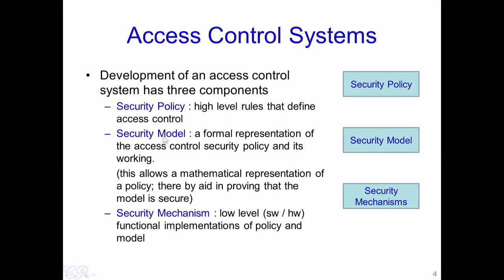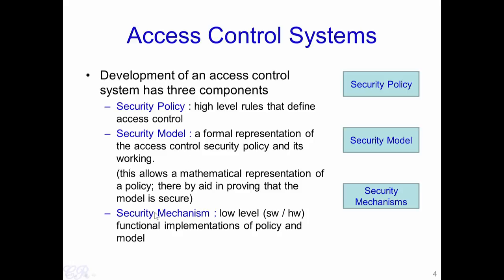Essentially, this is a formal, mathematically represented model of the security policy, and it is used to help in proving various things about the system. For instance, you could use this security model to prove that a particular system is secure.